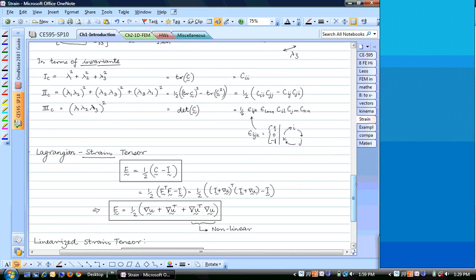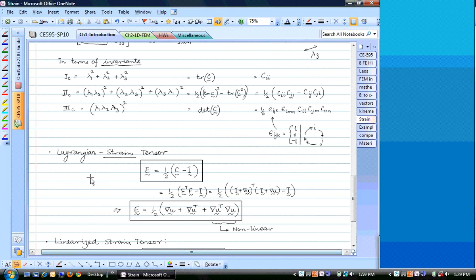So now, using all this information, we are going to define a measure of strain. This strain is called the Lagrangian strain tensor. There's another similar strain called the Eulerian strain tensor, but we are going to just stick to this one. This is again the same definition that we had before.